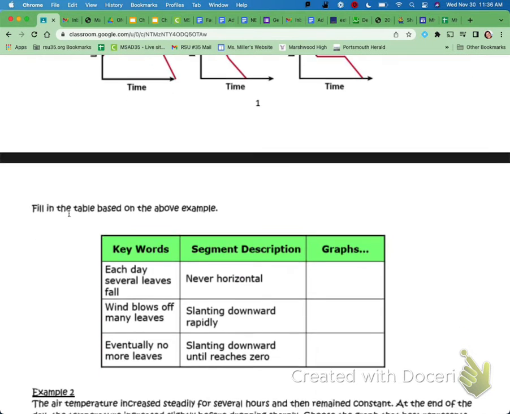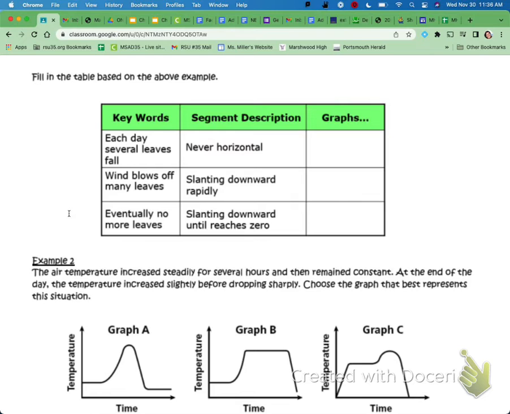All right, now let's fill in the table based on the above example. What would it look like on an actual graph? Each day, several leaves fall, which means it's never going to be horizontal. So what would that look like as a graph? It would just be going down from left to right. If wind blows off many leaves, then it's going to make it steeper.